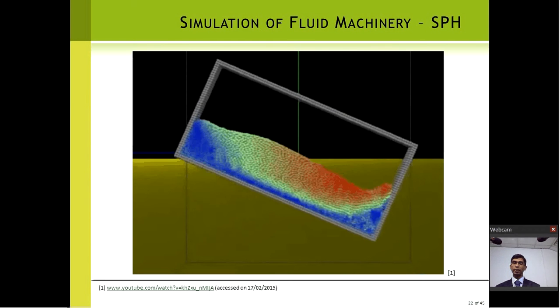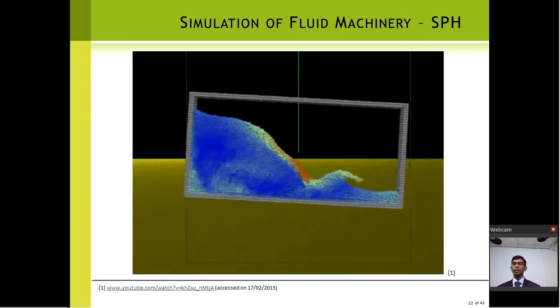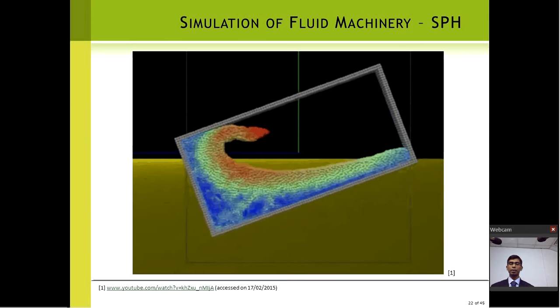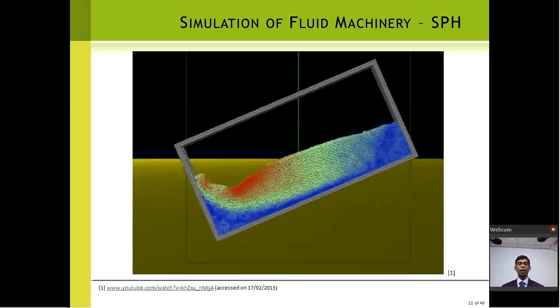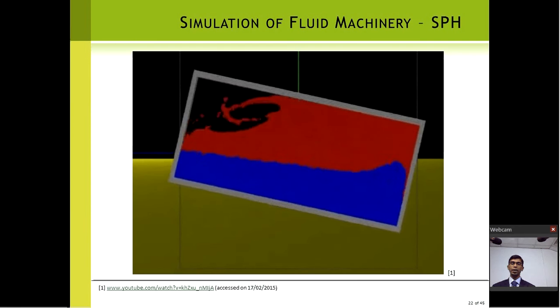You can see here, these are some basics. We'll move into turbines later. You can see we can easily simulate how a fluid interacts with machinery like this. It's mixing, it's bubbling, all that. Not only single phase, we can try two fluids without mixing, and see how they behave.